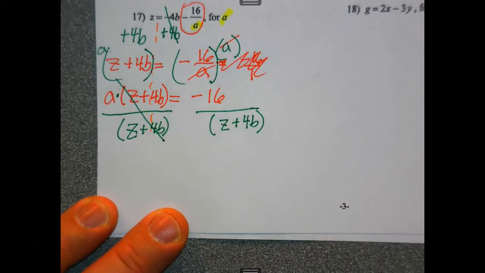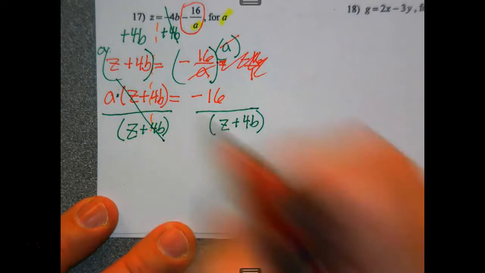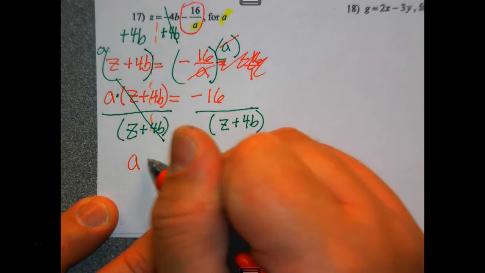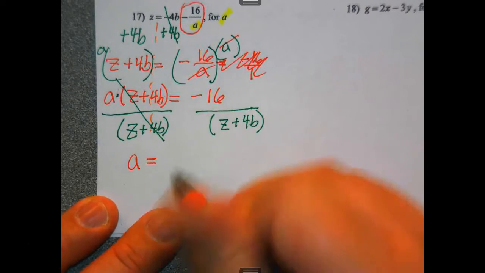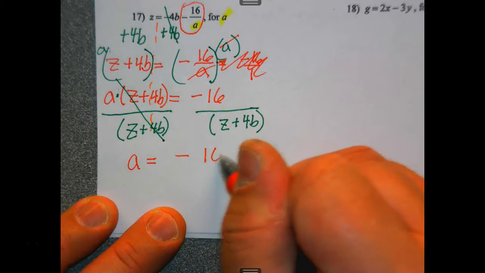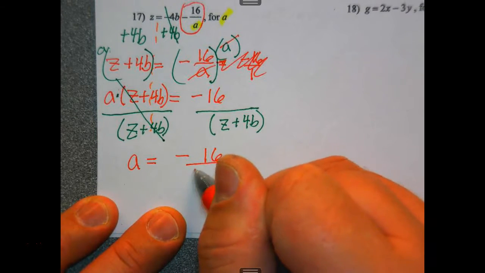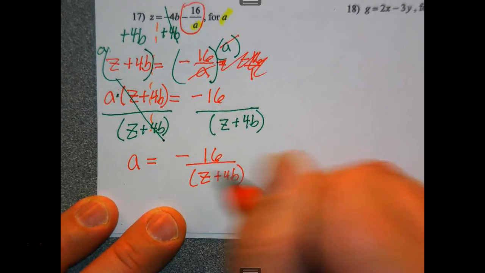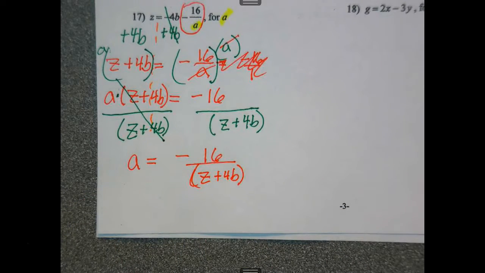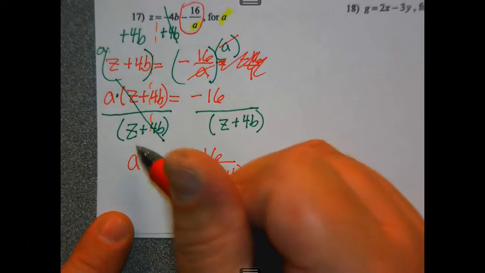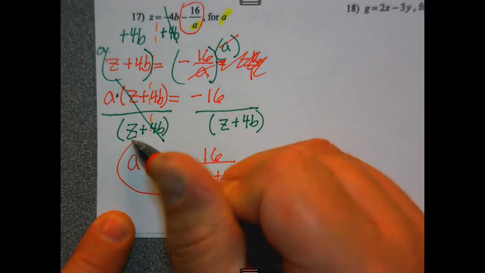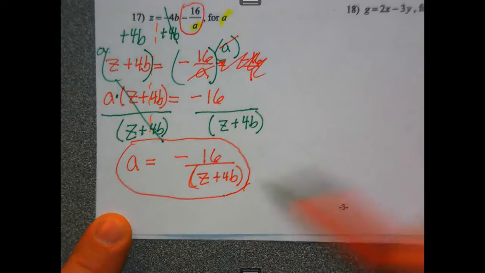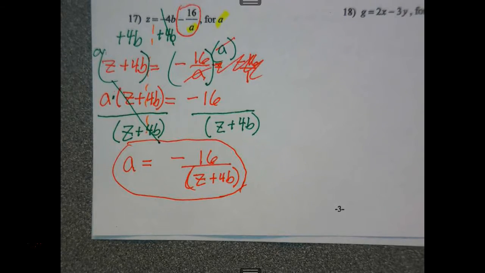These cancel out. 1 times a is just a. And I get this whole other mess. Negative 16 divided by z plus 4b. That was really quite a hard one.